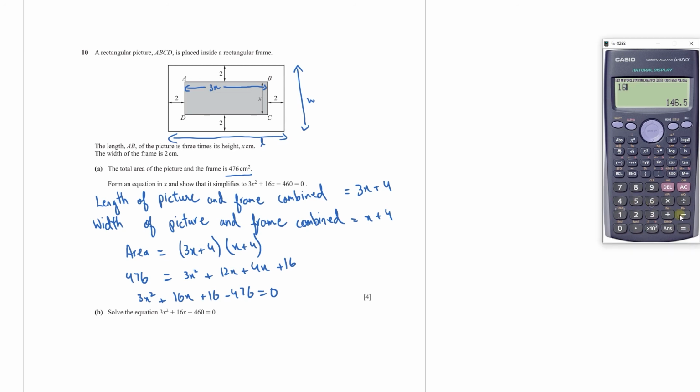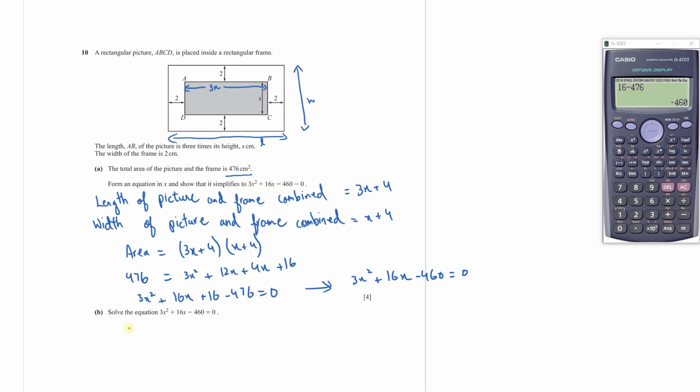So 16 minus 476 is minus 460. So you can write this as 3x squared plus 16x minus 460 equals 0. So this is the same as what we have to show.